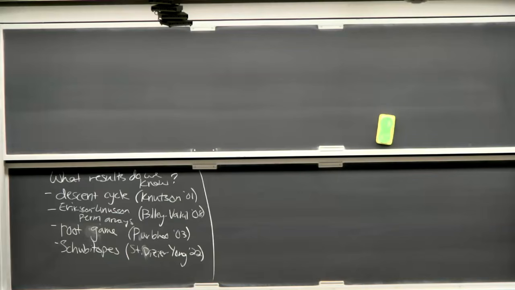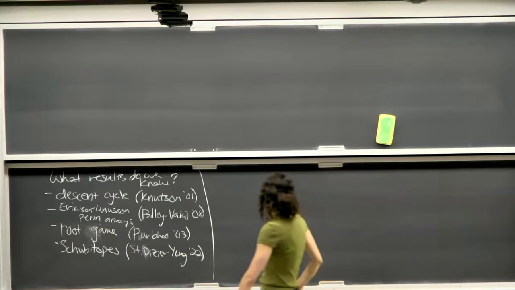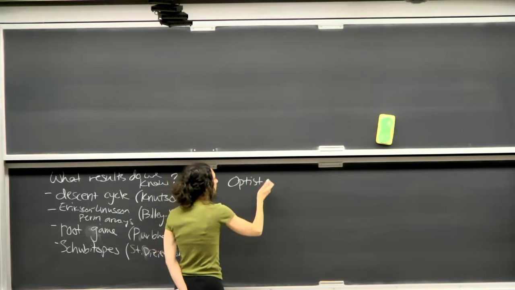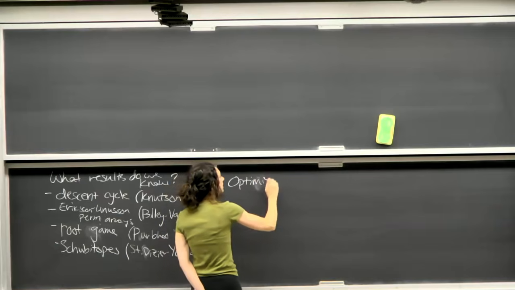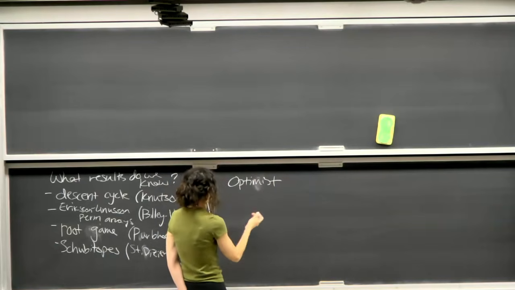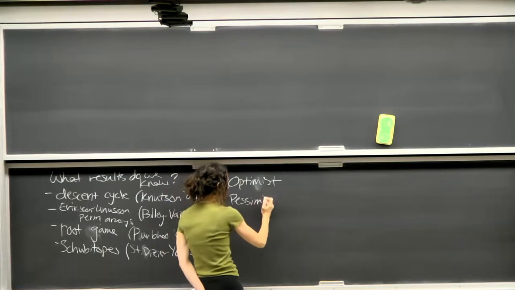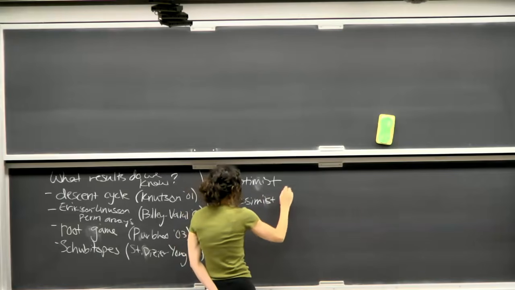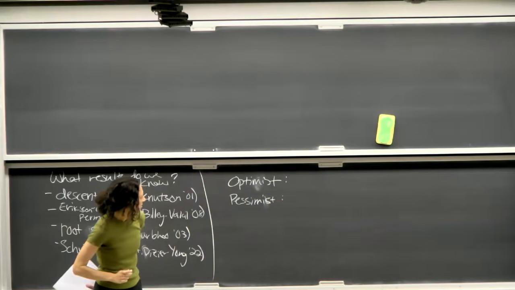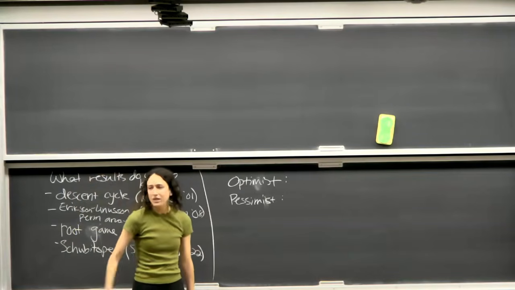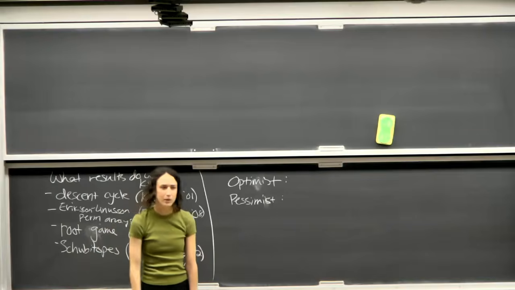And so, as you're using the structure of this complexity theory, we could have an optimist view and a pessimist view, in terms of what we think is actually fundamentally true about the problem.